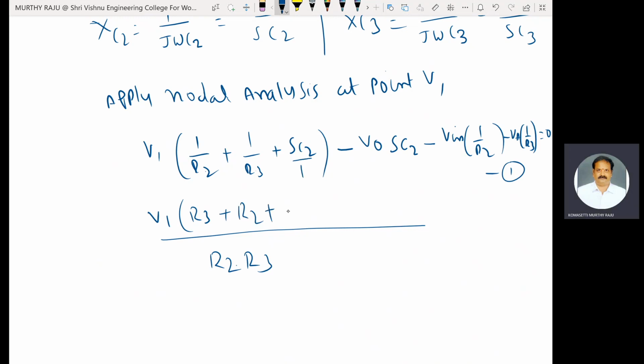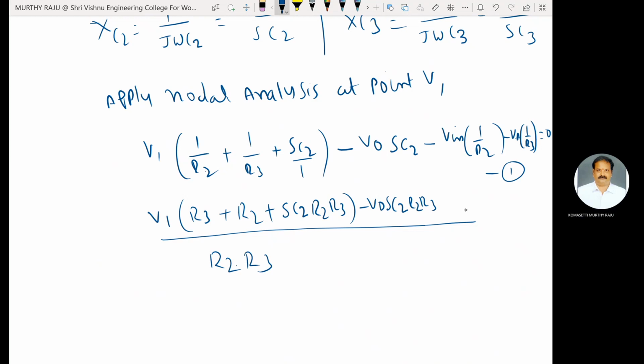Both here 1 is there; 1 means multiply S C2 with R2 R3. Here minus V0 S C2 R2 R3, here minus Vin R3, minus V0 R2 is equal to 0.